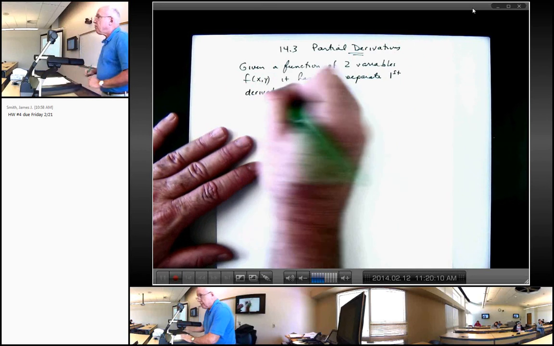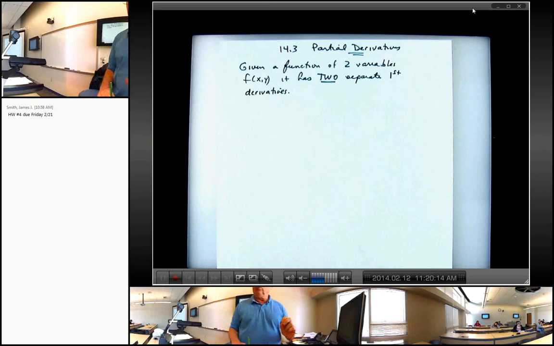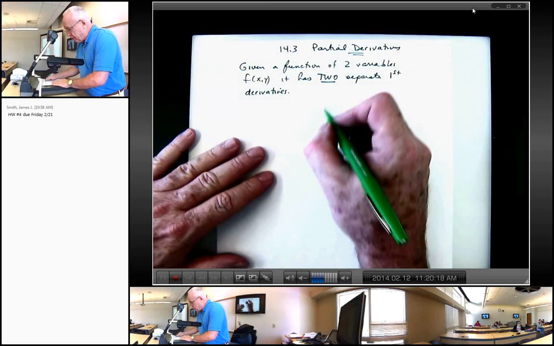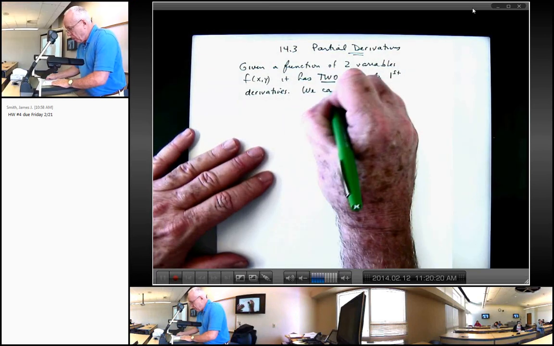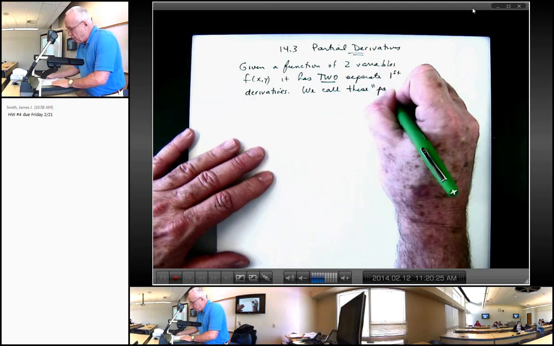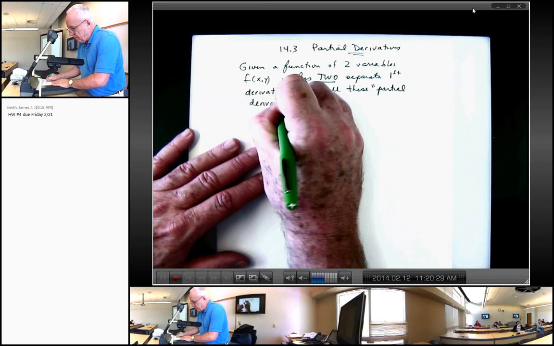It doesn't just have a single first derivative. It has two first derivatives. All right, we call these partial derivatives, quote unquote, partial derivatives.